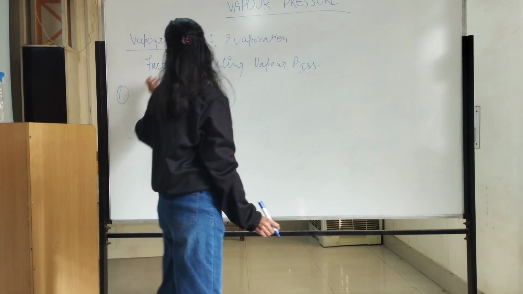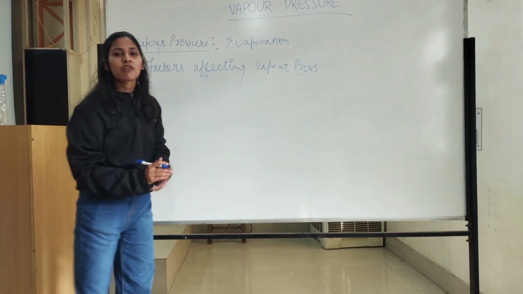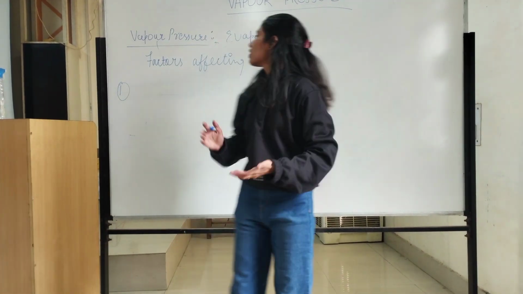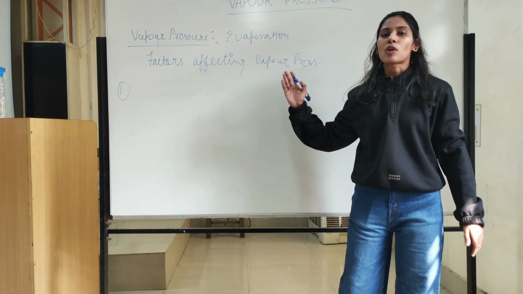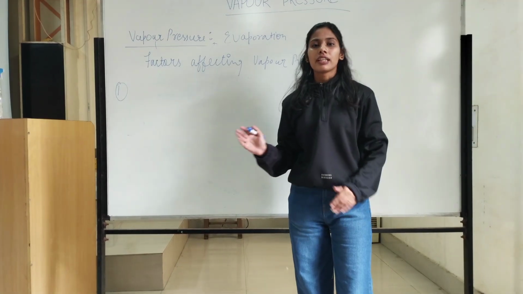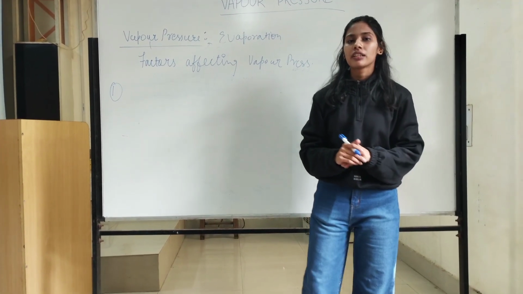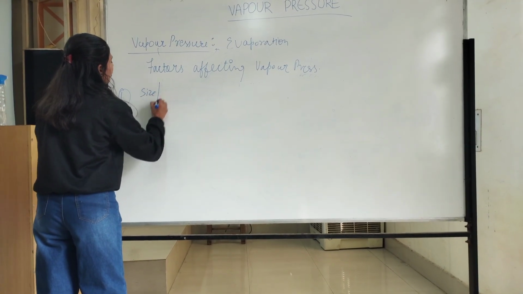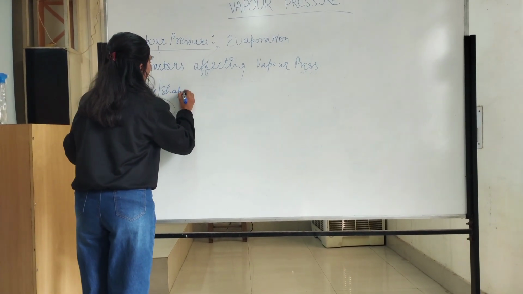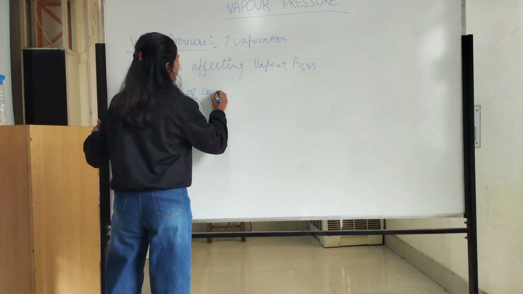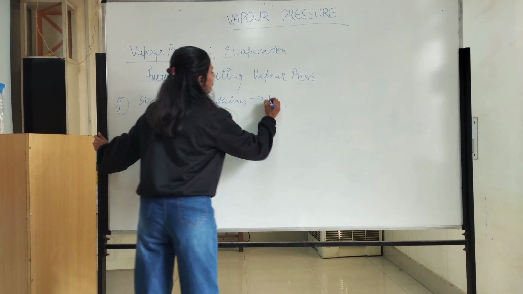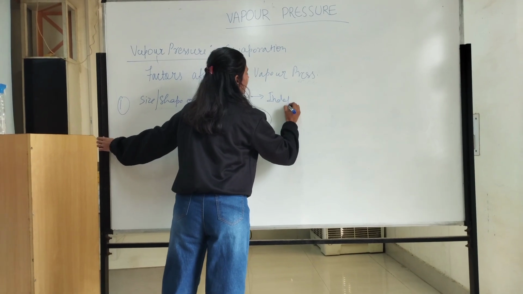So what do you think? Does vapor pressure depend upon size and shape of container? So the answer is no, because vapor pressure is a property of the liquid, not the container. So the size and shape of the container do not affect the vapor pressure. So size or shape of container is independent of vapor pressure.